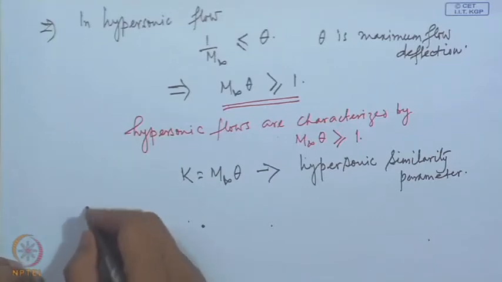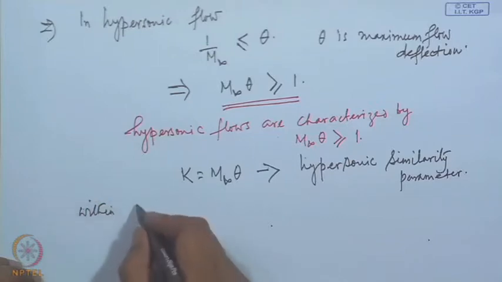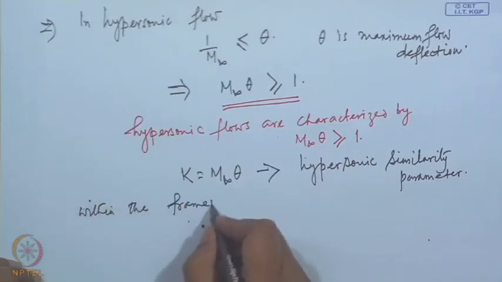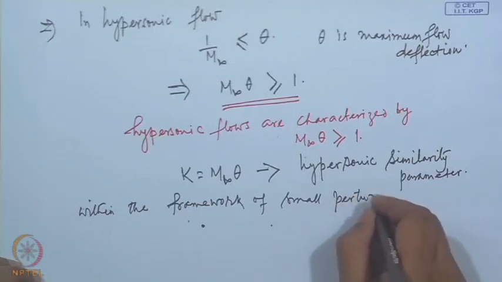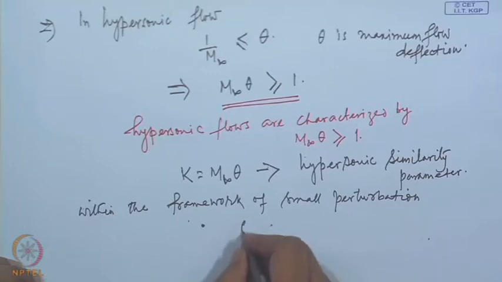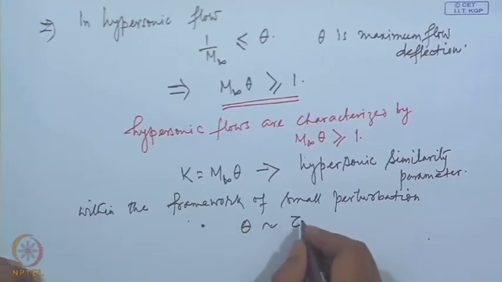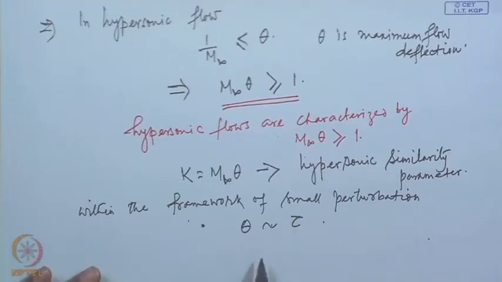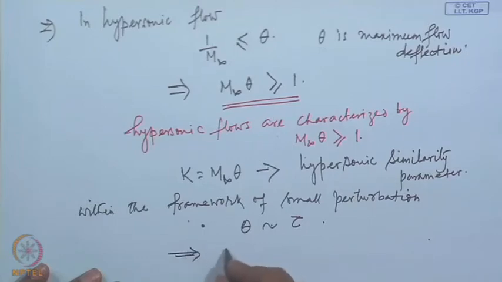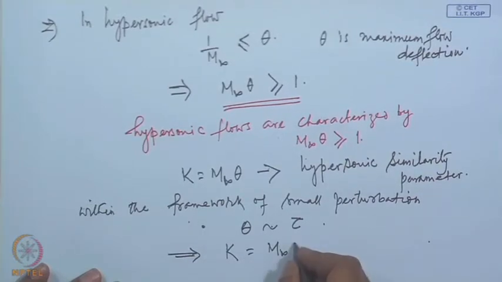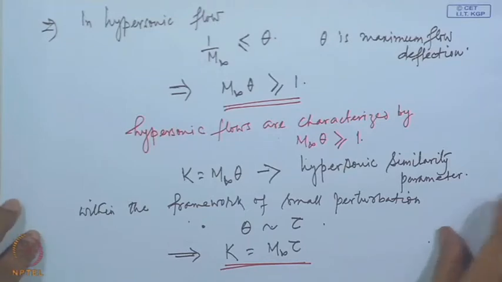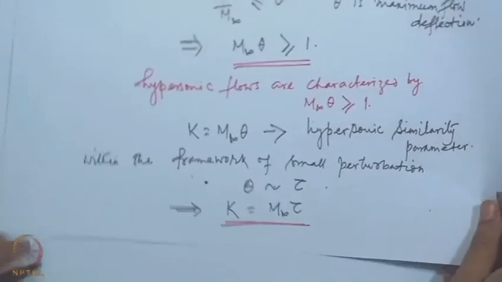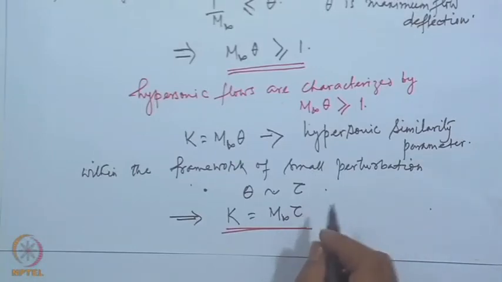Now, within the framework of small perturbation theory, this is the hypersonic similarity parameter, and it can also be used as a definition for hypersonic flow over a thin or slender body.